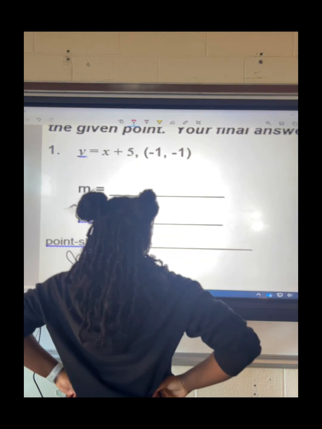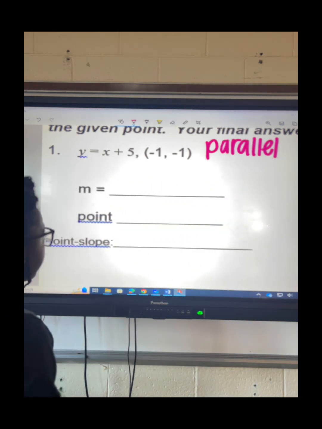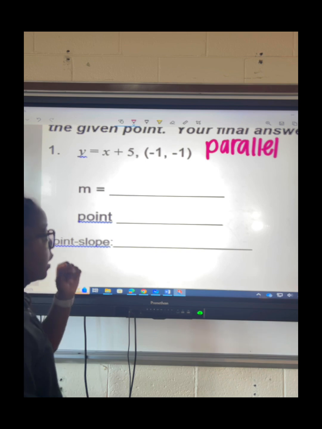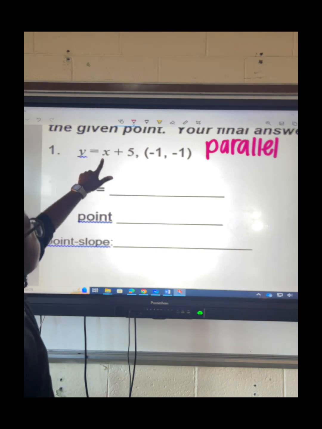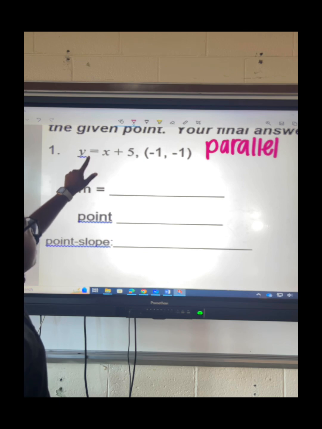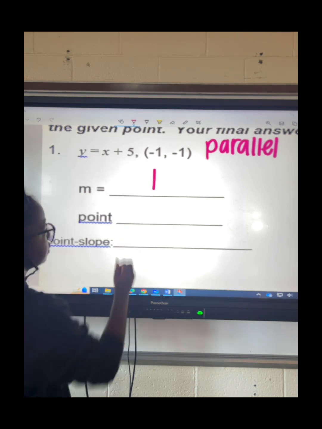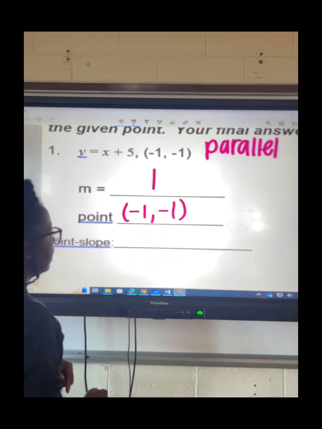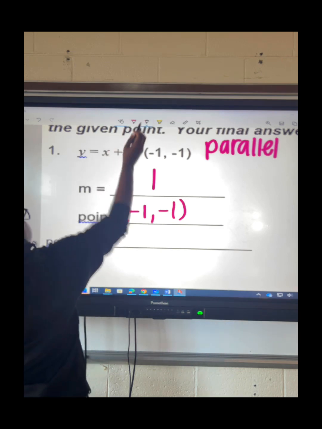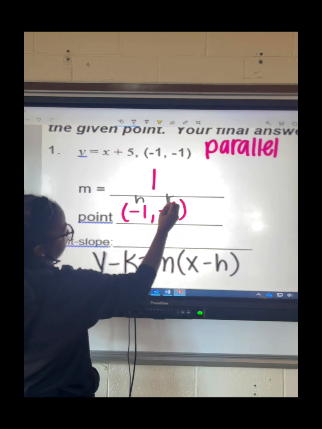Write an equation that's parallel. Now they gave me this, y = x + 5, and it passes through point -1, -1. What is my slope? If I don't have a number in front of my variable, my slope is 1. My point that it is passing through is -1, -1. And then all I have to do is fill in my equation. So this is h, this is k.